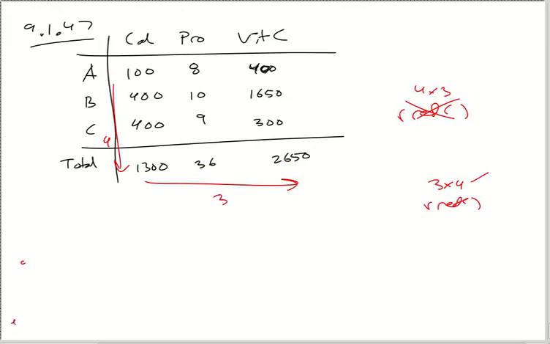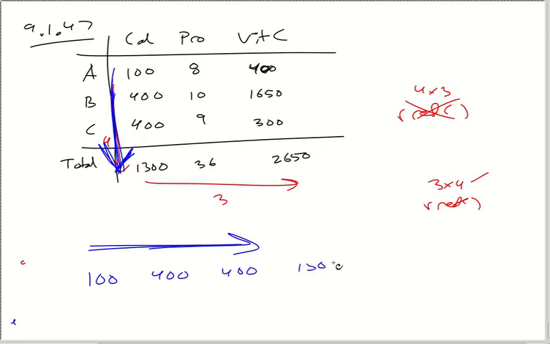Basically, whenever I'm reading downwards, I'm actually going to write across 100, 400, 400, 1,300. And then going across, down, across 8, 10, 9, 16, 50, and then finally 4. Whoa.